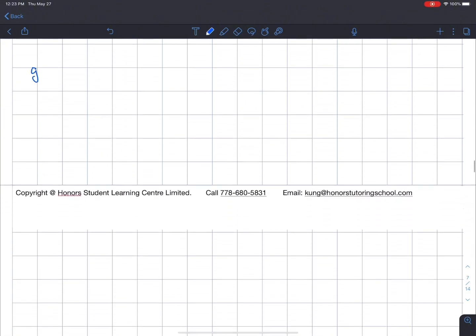And then G, the square root of 3136 equals. So 3136 divided by 2, we get 1568. Divided by 2 again, we get 784. Divided by 2, we got 392. Divided by 2, we got 196.